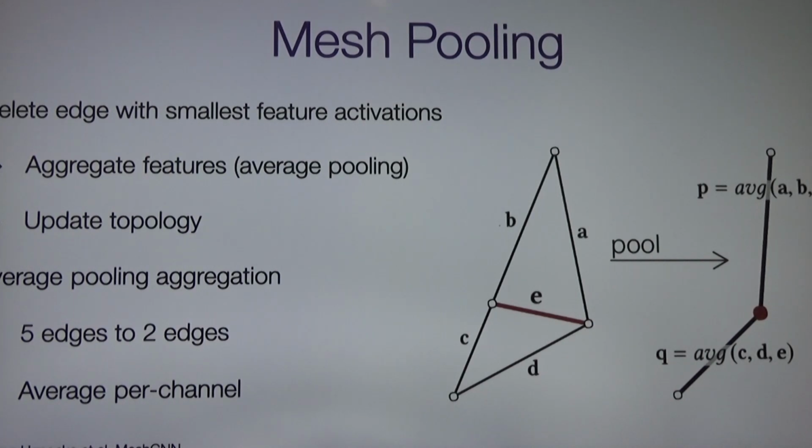You look at the magnitude of these activations. Some of them are strong, the others are not, and you collapse the edge with the lowest magnitude. And the way you modify features of the resulting edges is by averaging over the triangles that have these edges. So, for instance, in this case, if you have triangle ABE, you would create an edge P averaging A's, B's, and E's features.